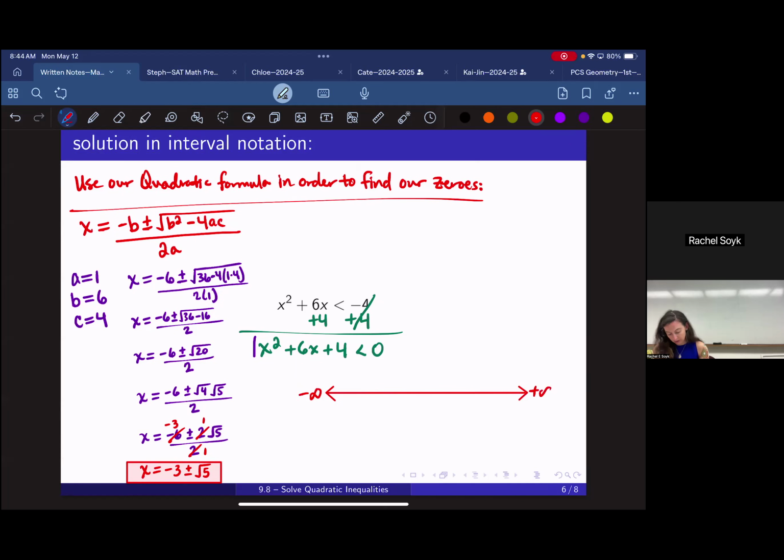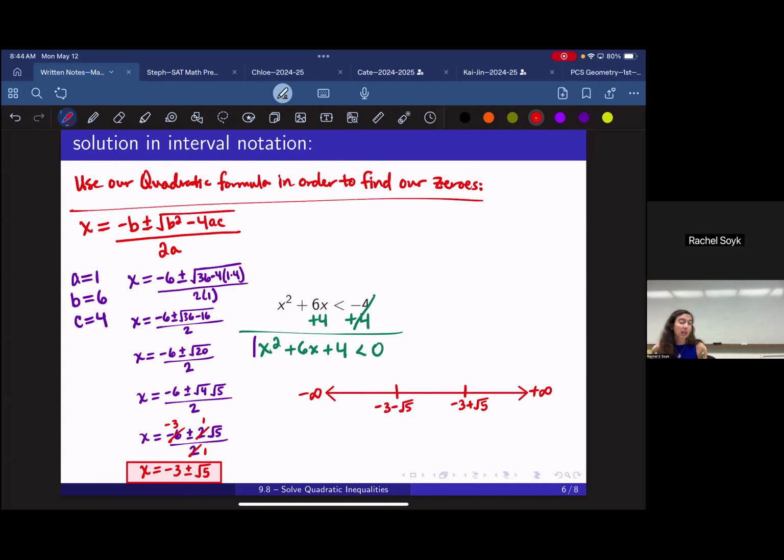Negative infinity, positive infinity. We have our negative 3 minus square root of 5, and then we have negative 3 plus square root of 5. And so the square root of 5, well, we know the square root of 4 is 2, and we know the square root of 9 is 3.